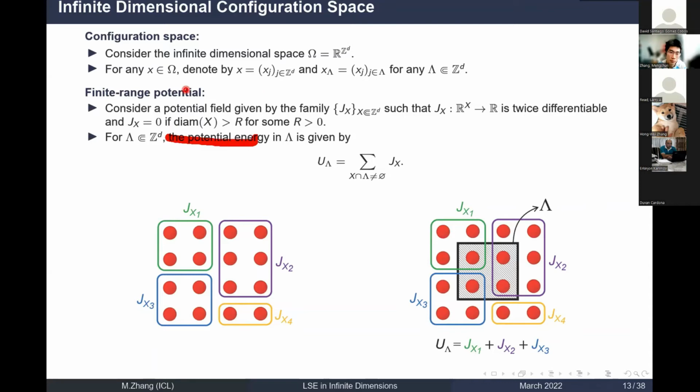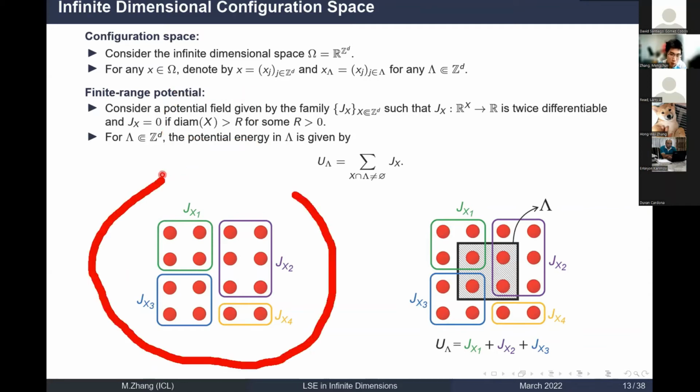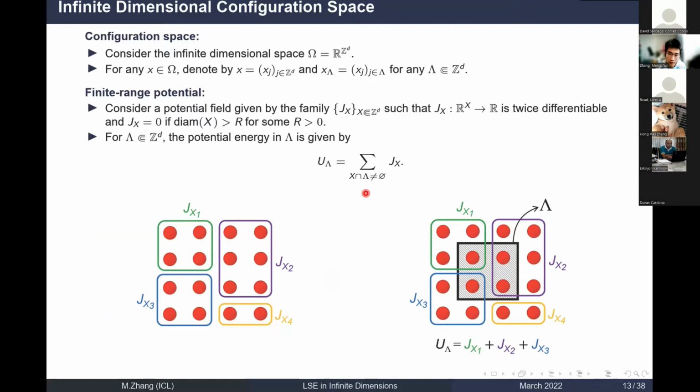The diameter basically means the longest distance between any two points in the set X. As you can see in a simple example, we can have four different potentials covering the space. Obviously we have an infinite dimensional space and infinitely many G_X.